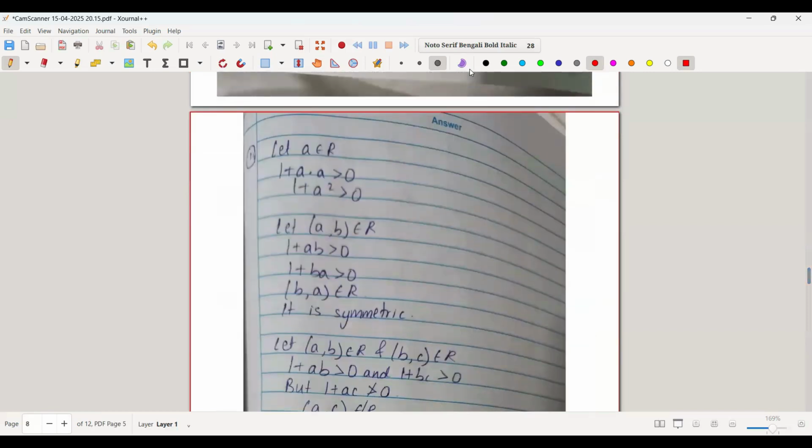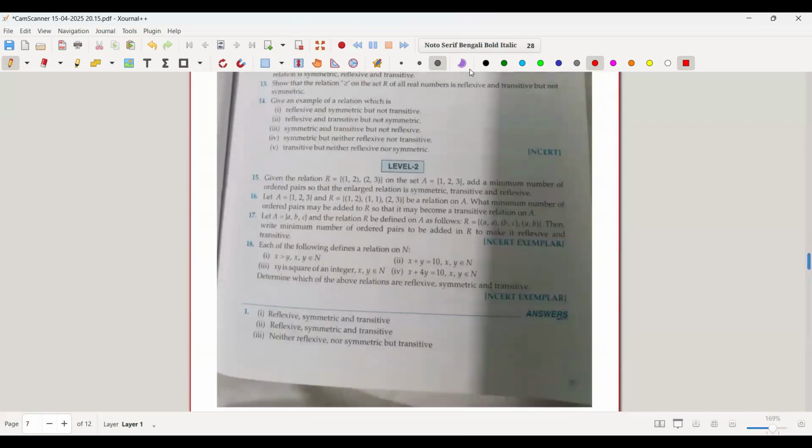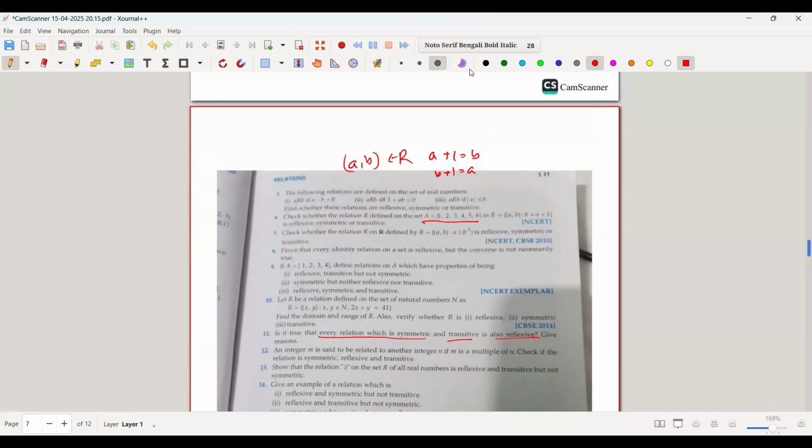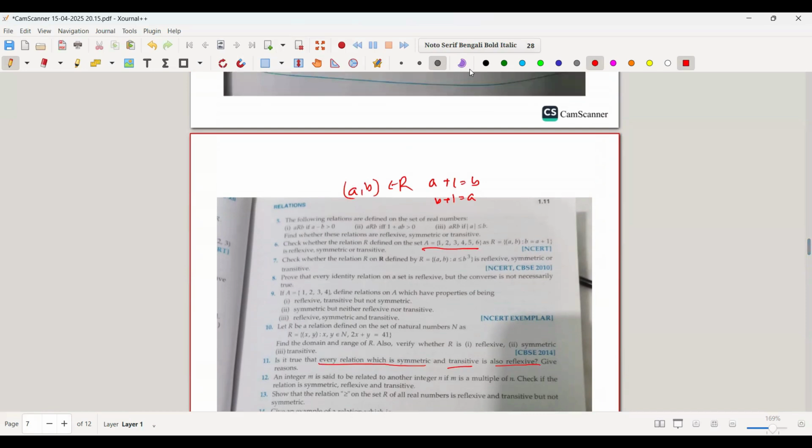What is the problem number? Not 11 number, sorry. This is problem 5, number 2. Okay.